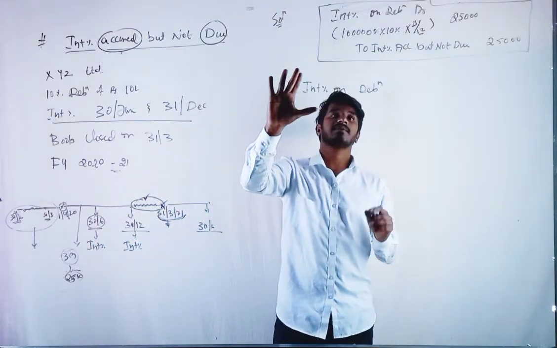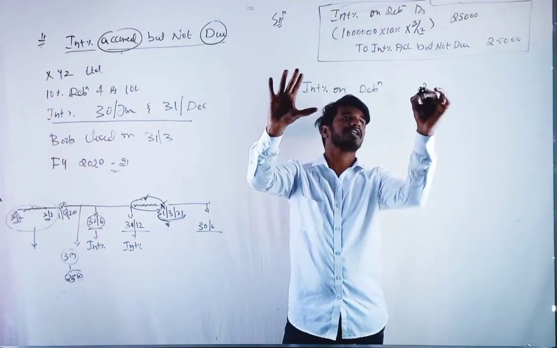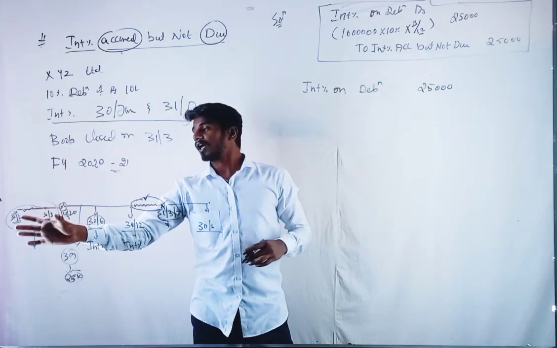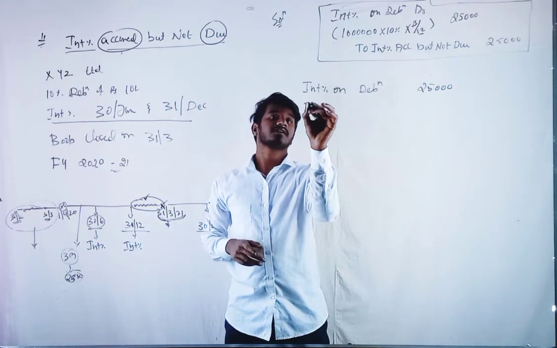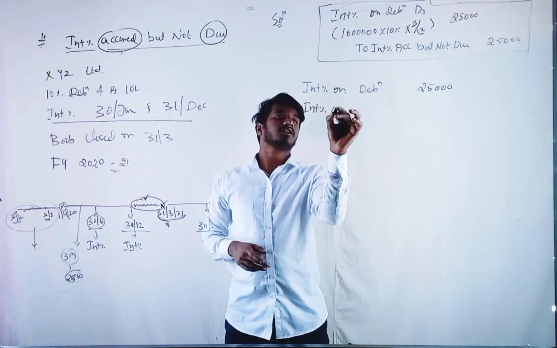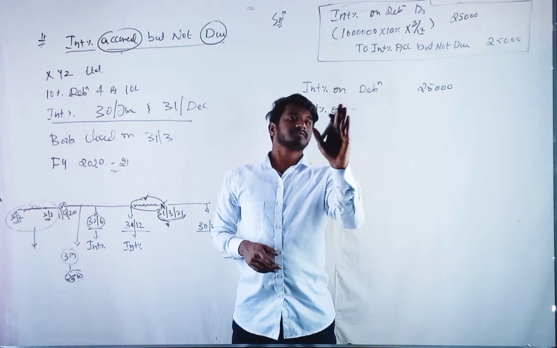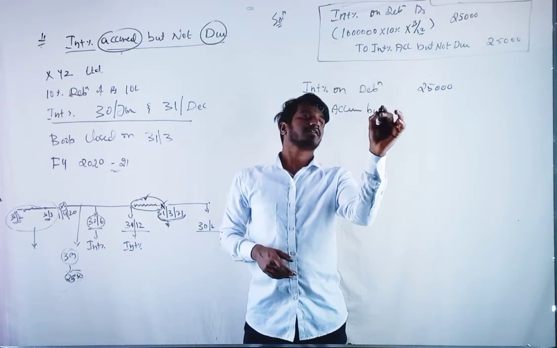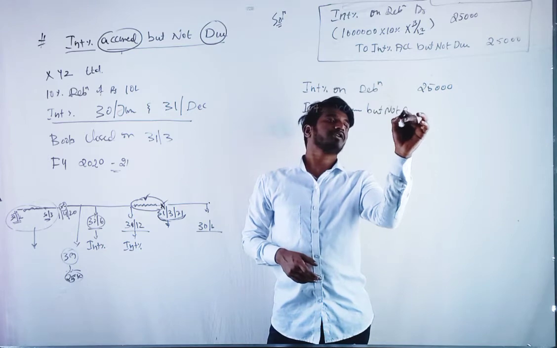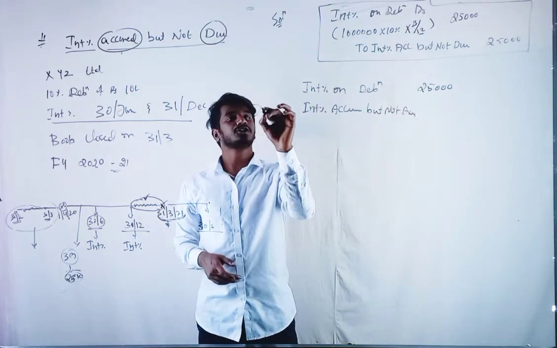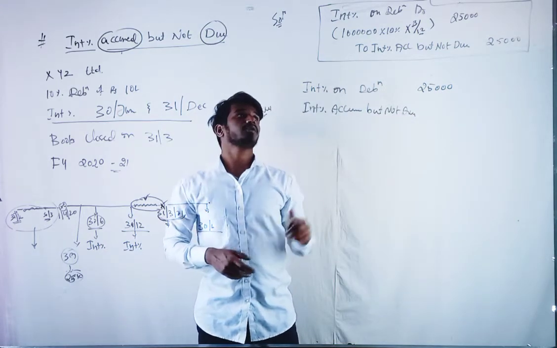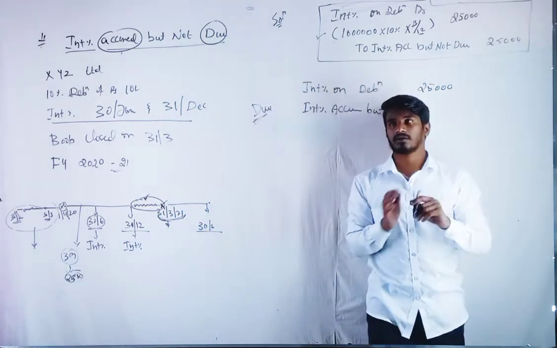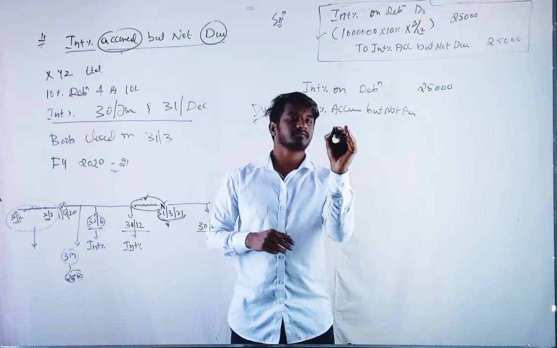So interest on debenture for the current year is 25,000, and interest accrued but not due is 25,000. We are making it due now, but in the previous year we just recorded it. Okay, fine.